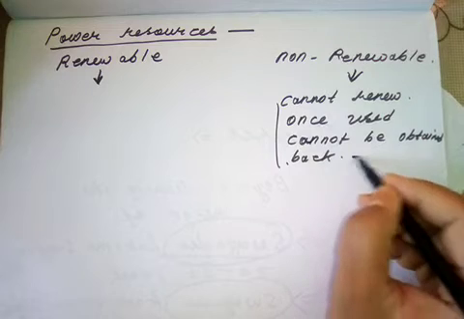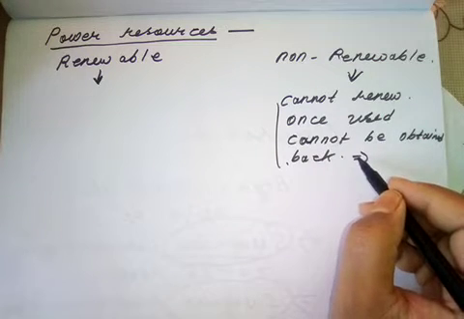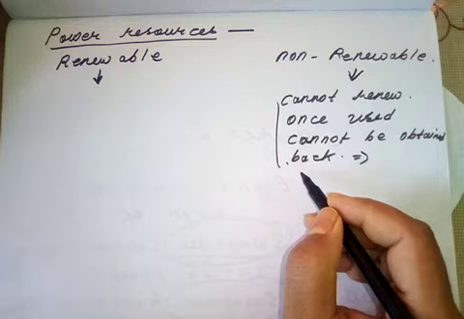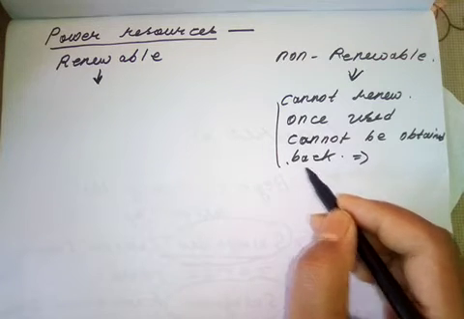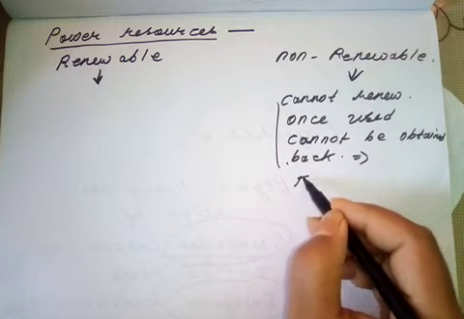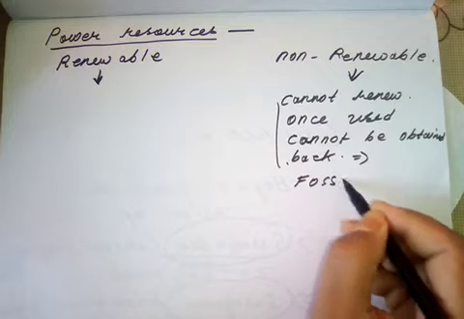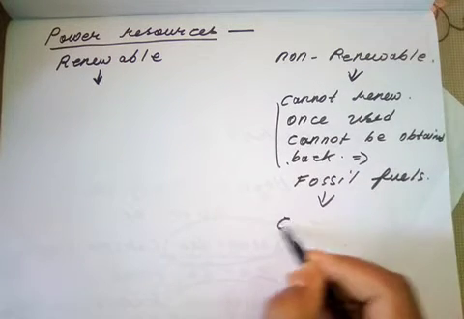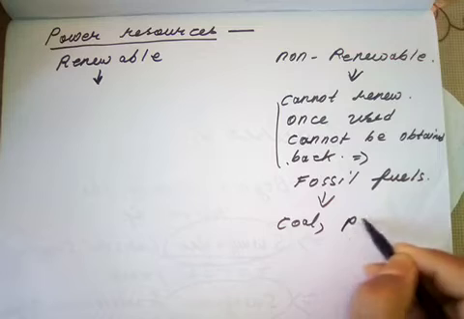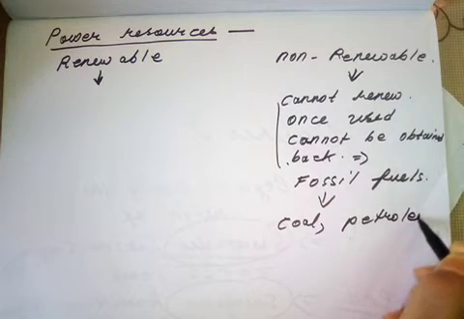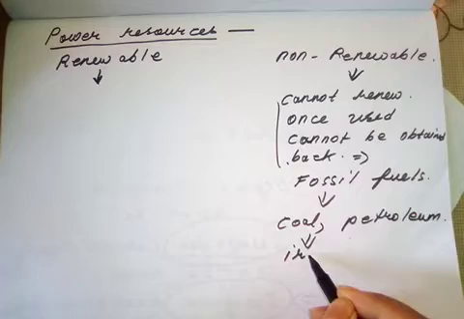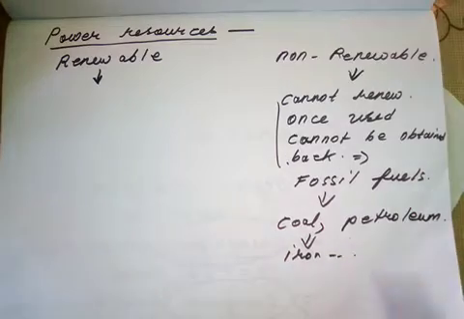So once it exhausts, it never comes back, and these kinds of non-renewable resources we are well acquainted with by the word fossil fuels. And among the fossil fuels we have coal, petroleum, and all the inorganic minerals like iron or whatever it is.